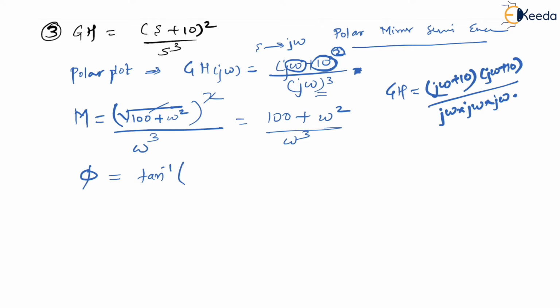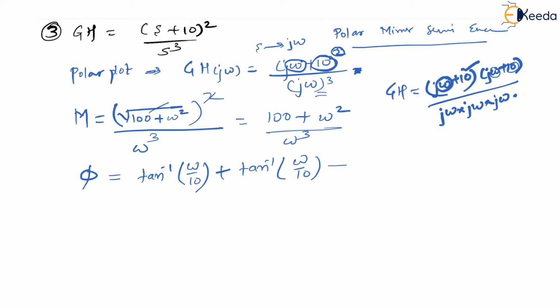So if you think of the numerator, the first one is going to be tan inverse of omega by 10, right? The next one is again the same, so you get tan inverse of omega by 10. Is that right? Yes.